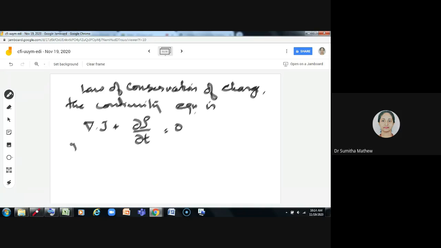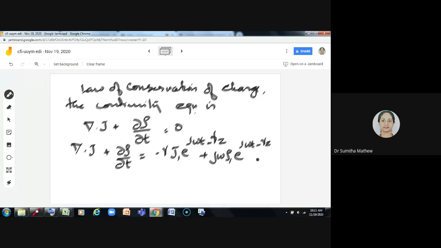It can be written as minus gamma j1 e raised to j omega t minus gamma z, that is finding del dot j. J expression you have already written before, isn't it? Equation number 3, refer to that. Plus j omega rho 1 e raised to j omega t minus gamma z equal to 0. Mark this as equation number 9.